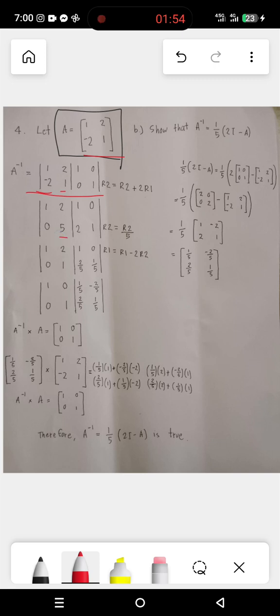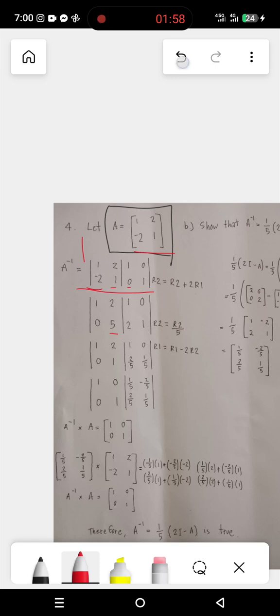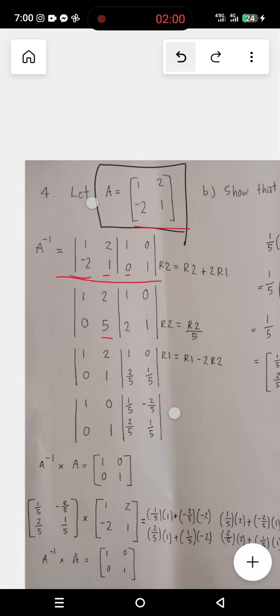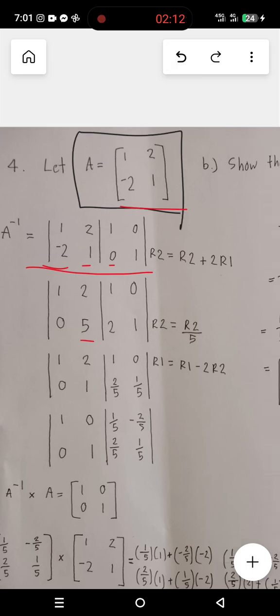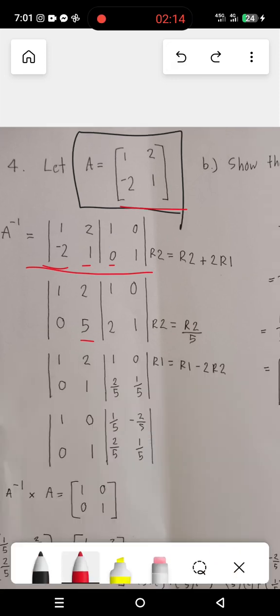0, we have here 0 plus 2 R1, and the corresponding value of R1 is positive 1, this one.